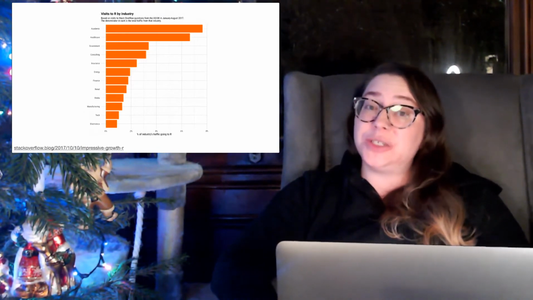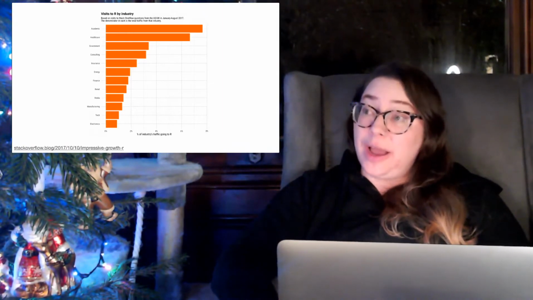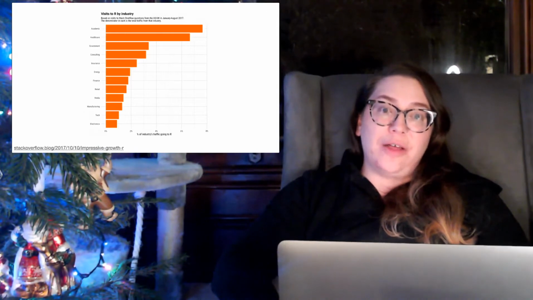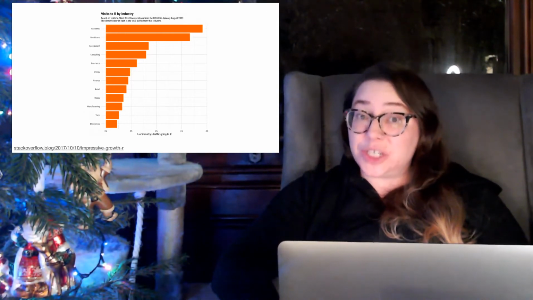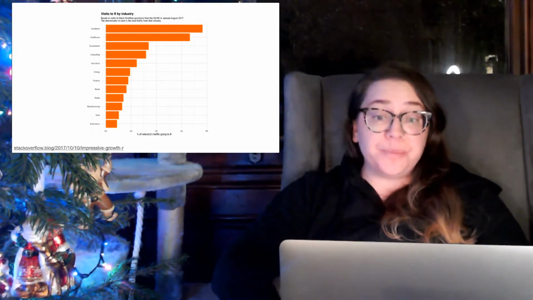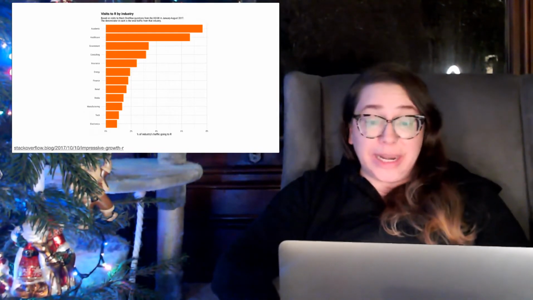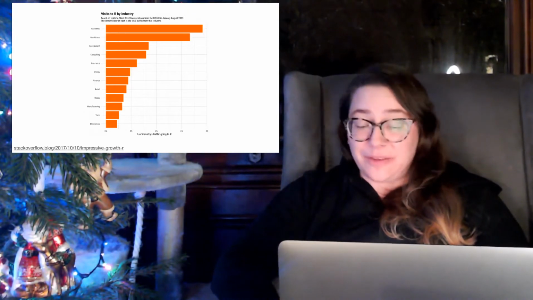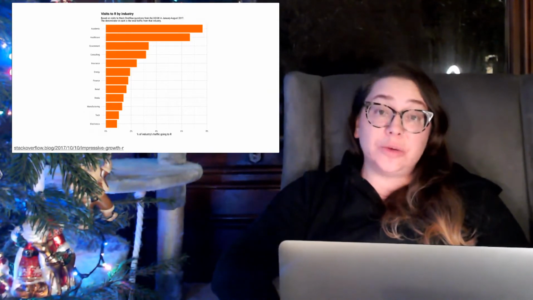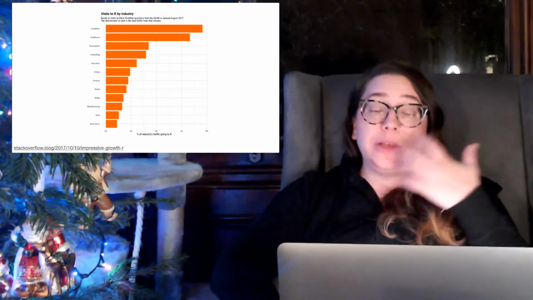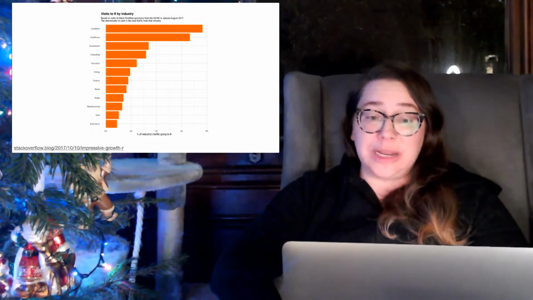Many government agencies use R. I happen to know that here in Scotland, for example, the quantitative groups within the NHS are really heavy R users. Insurance is another industry that does. Energy, finance, retail, media, manufacturing, tech, and electronics. So we're seeing a variety of areas that use R as part of their quantitative work.